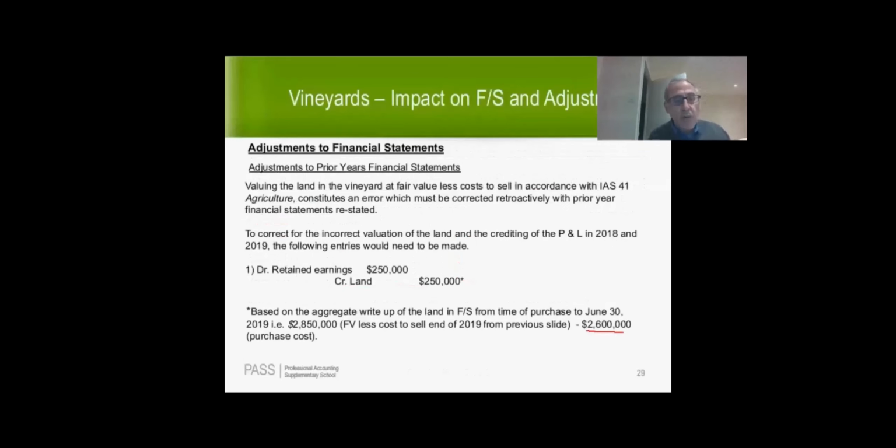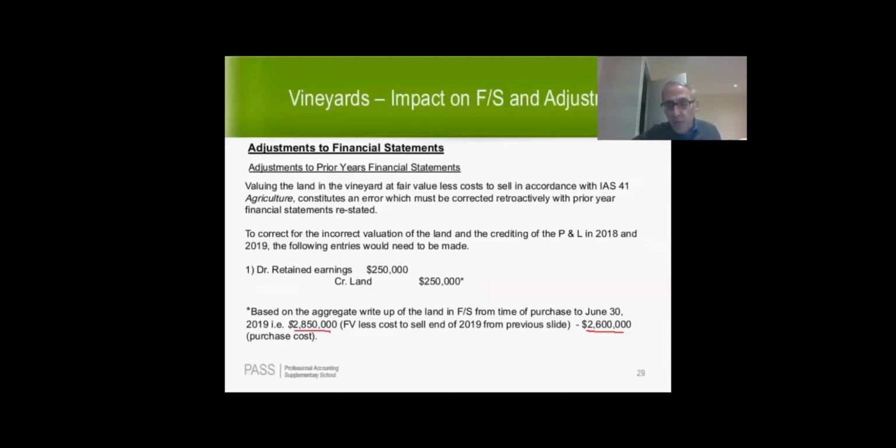So over the course of 018 and 019, they would have written up the land from 2.6 million to 2,850,000, right? So they would have credited gain, which goes to retained earnings, because income ultimately ends up in retained earnings. And they would have debited land 250,000, right?